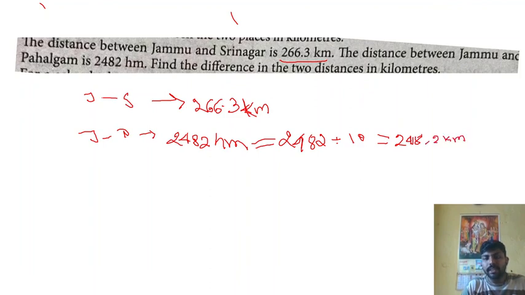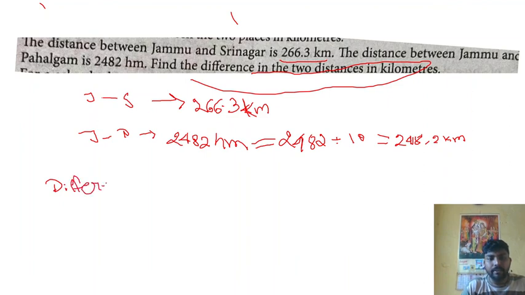Now the question is to find the difference between the two distances. So just do the subtraction. Remember that never subtract any units without matching the units. Obviously if kilometer is there, you have to convert to kilometer, then do the subtraction, otherwise it is not possible.